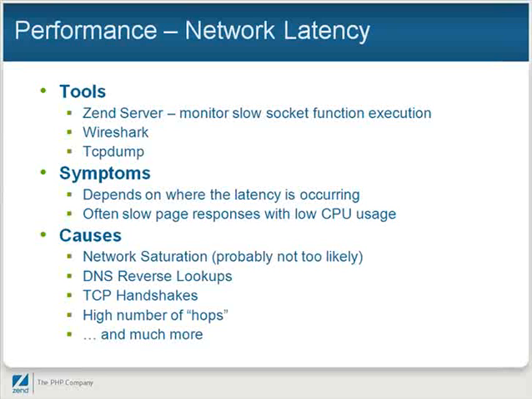So if you're opening a connection to a remote server on the other side of the continent or across an ocean, you can have a significant impact on the performance of your application.